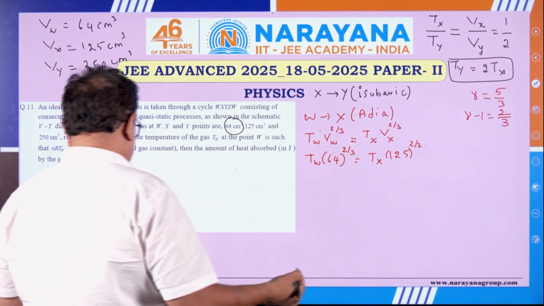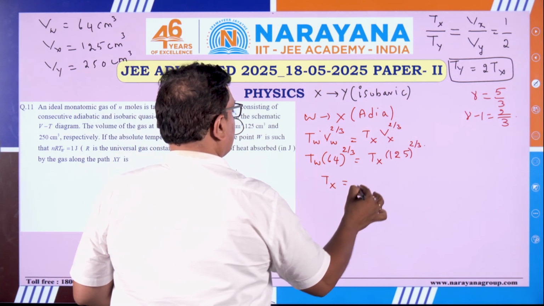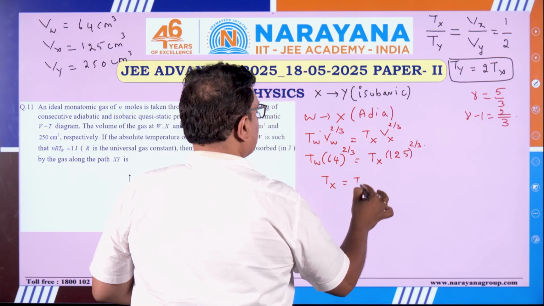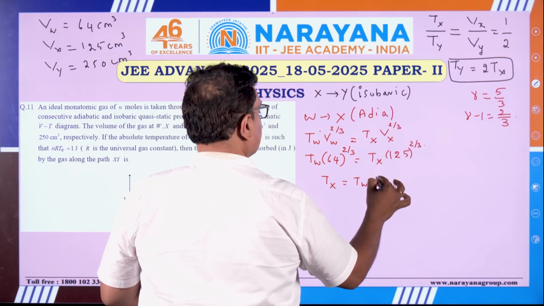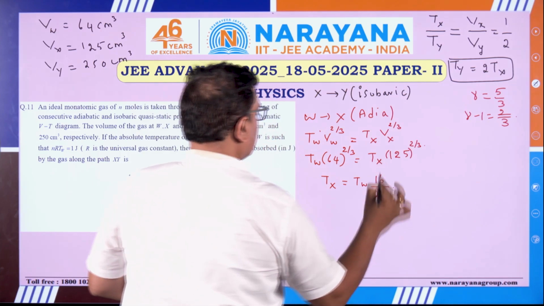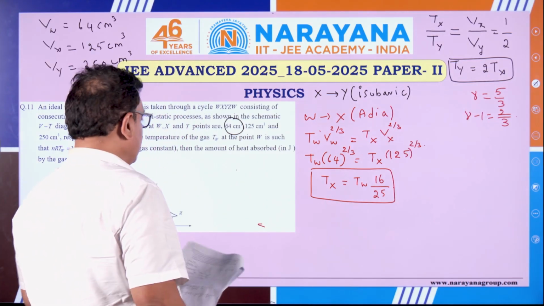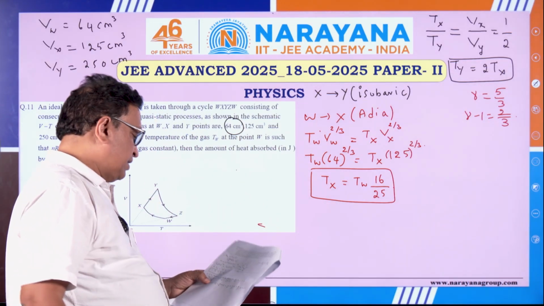See, after proper calculations, you will arrive at Tx as Tw times 16 by 25. Remember, this is also one relation which I might use at a later stage.